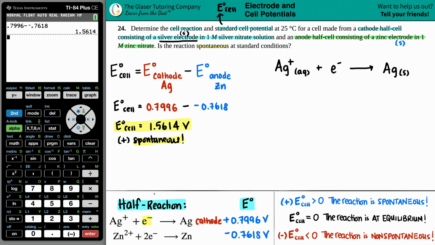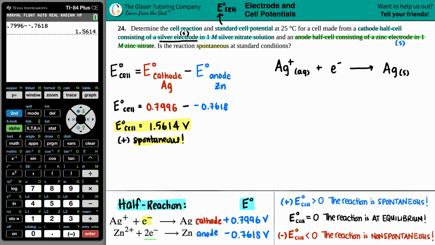Now, the anode, they specifically said that the anode was zinc. However, the electron is on the left side as well. That's a cathode. We want it to be the anode. What would we have to do in order to make this balanced equation an anode?